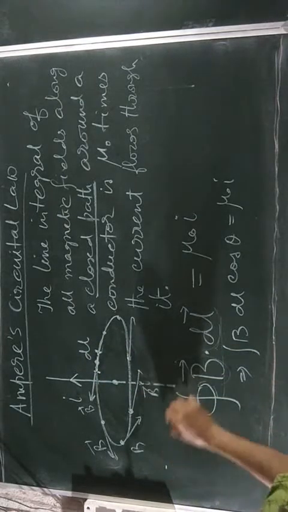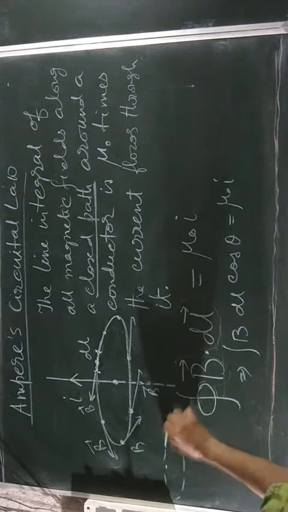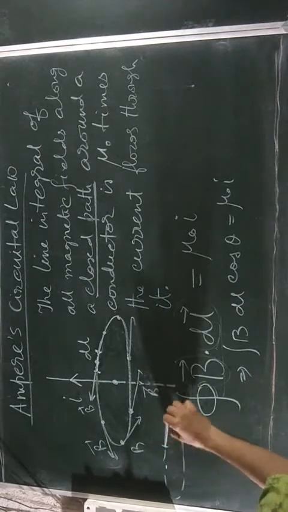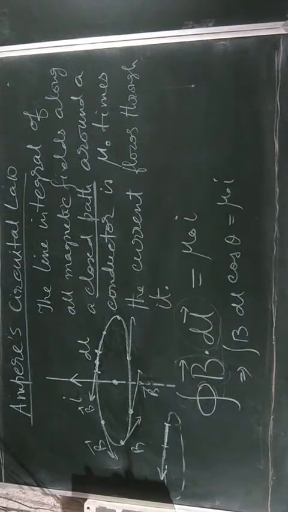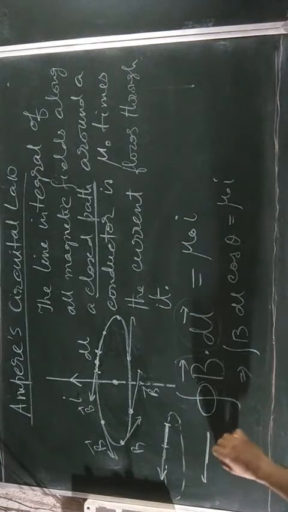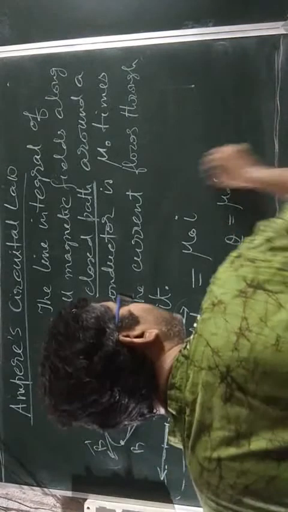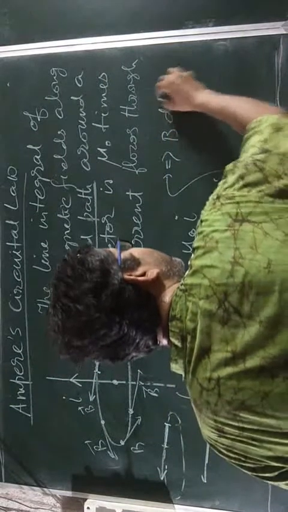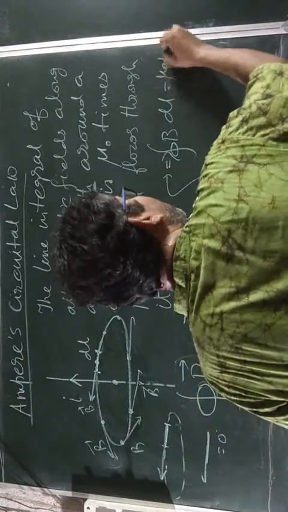Suppose this is the total path, and if you consider this dl, and the B acts like this, so what is the angle between dl and B? It is 0. So cos 0 is 1, and from here we get the line integral of B dl is equal to mu naught times I.